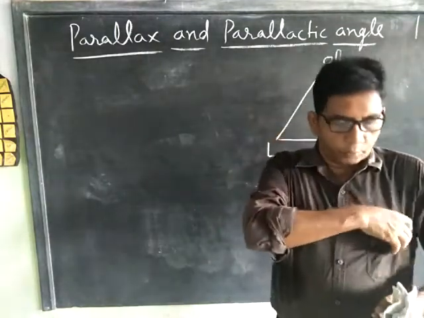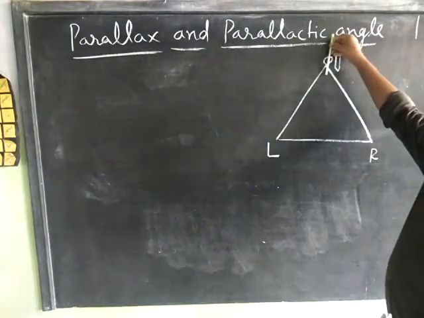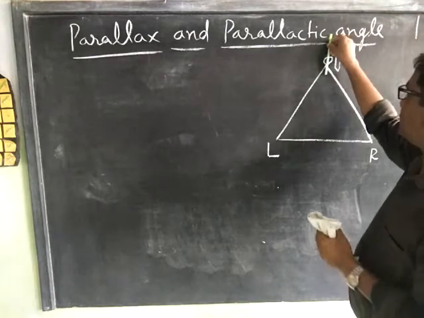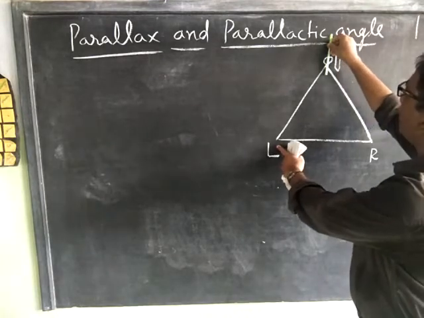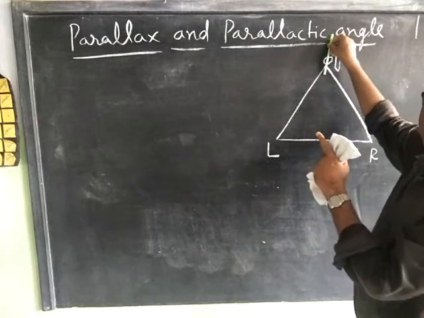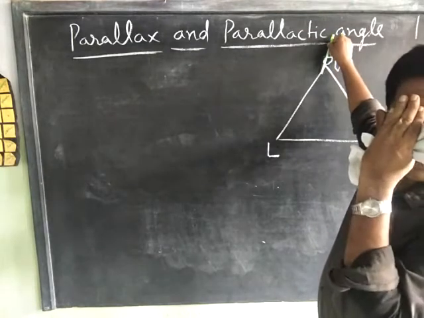Hold a pen at point O, and suppose we see the pen from our left eye, and in this time we keep our right eye closed.